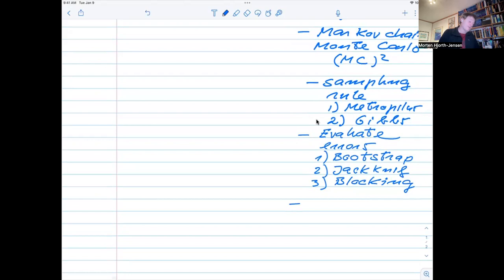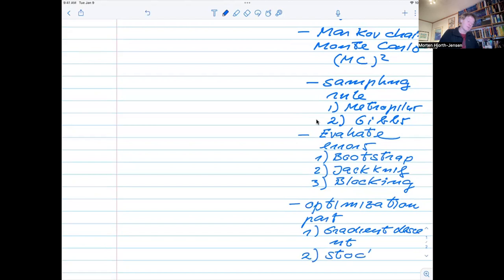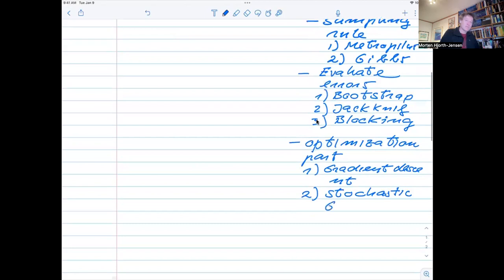Then we also have an optimization part. This optimization part is normally given by methods like gradient descent. Many of you have encountered methods like standard gradient descent. You have met stochastic gradient descent, with and without momentum, and so on.